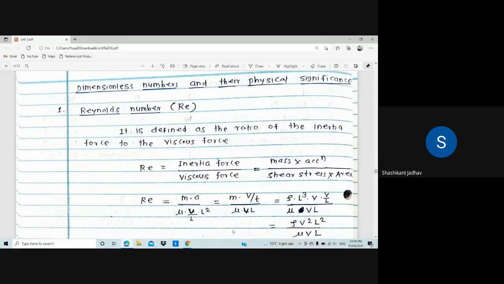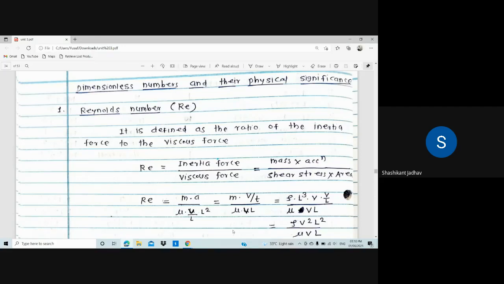All of you write down the definition of the Reynolds number.